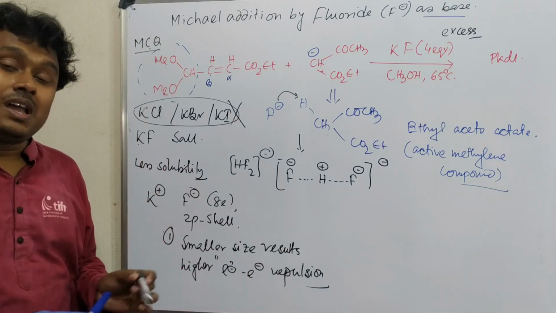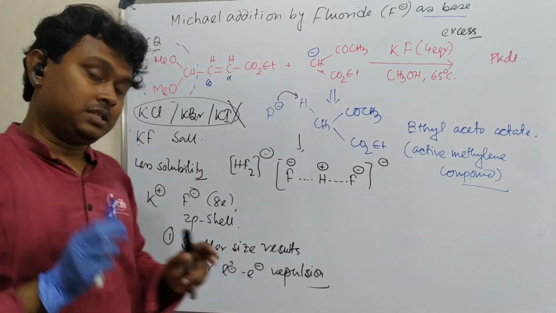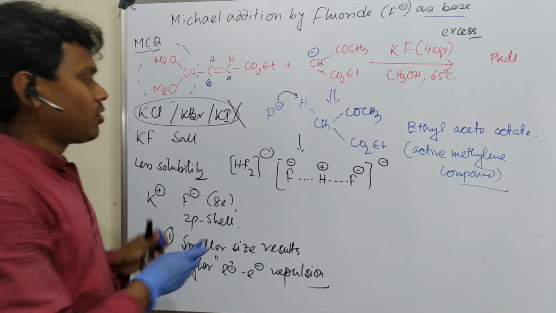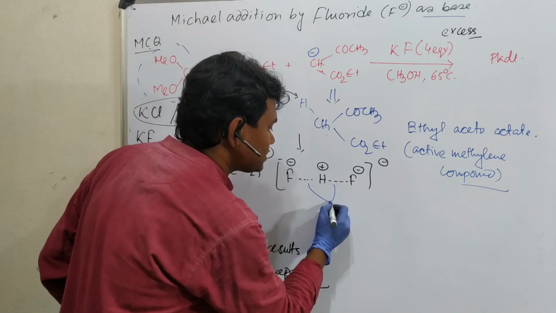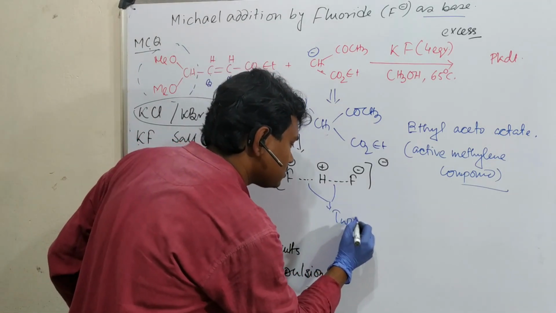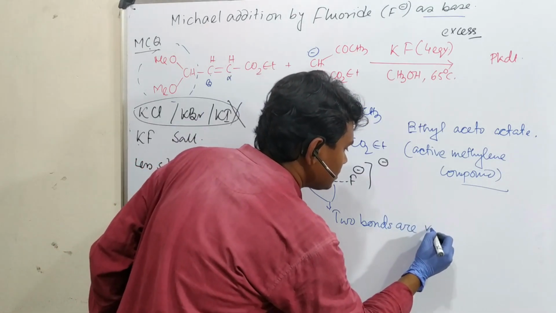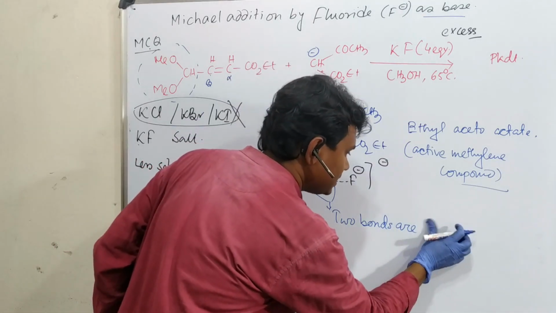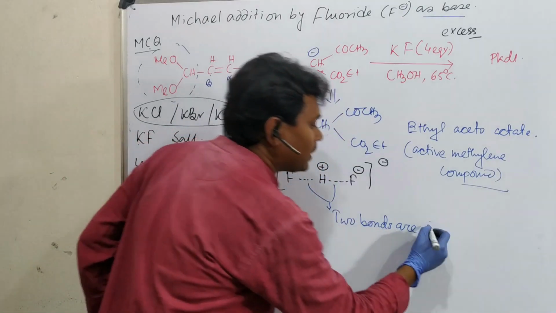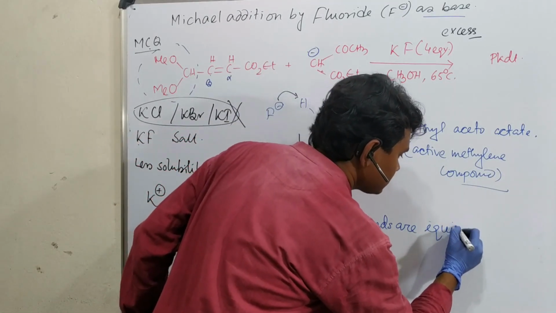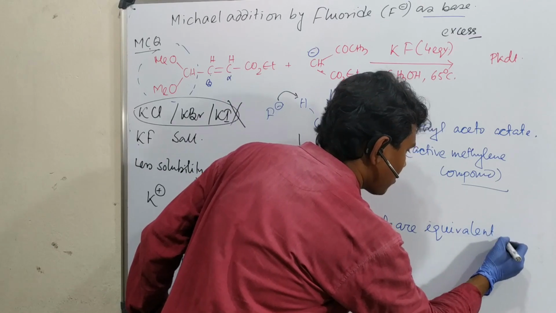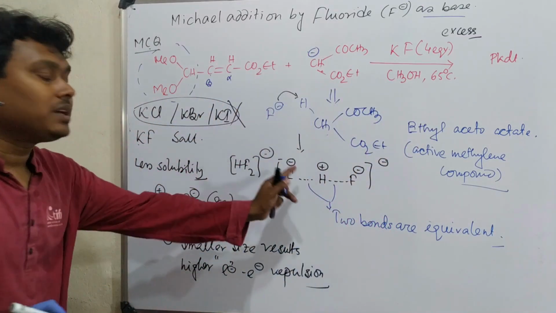How can this do it? In this case, it is extremely strong, such that these two bonds are exactly the same, better to say equivalent. So that's why this is happening.